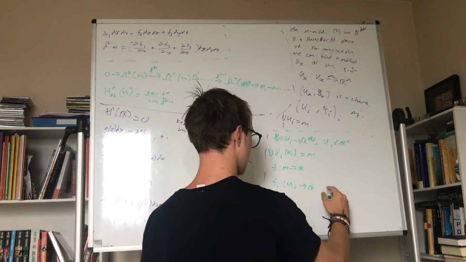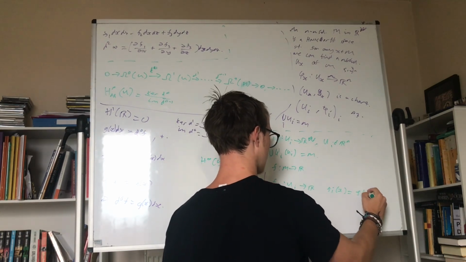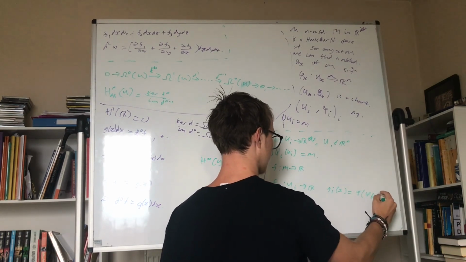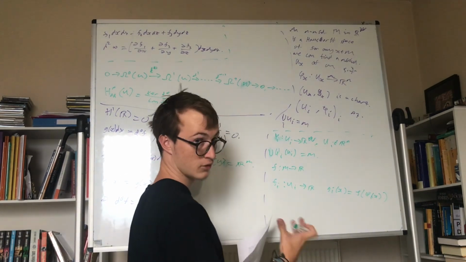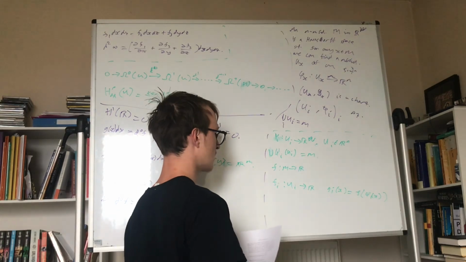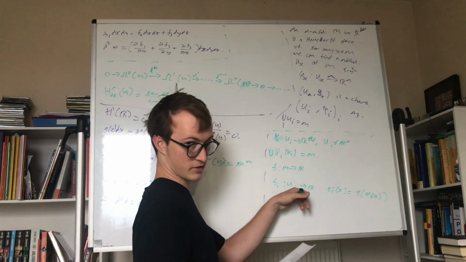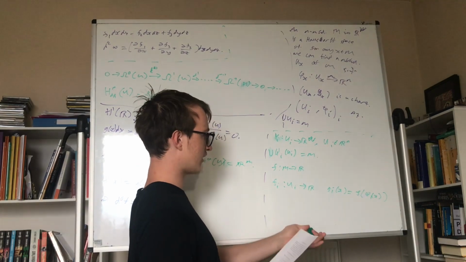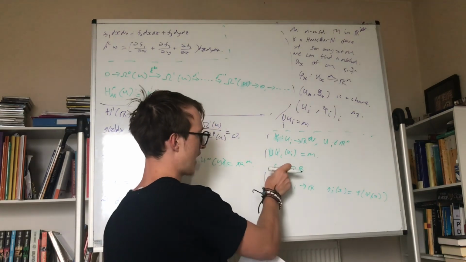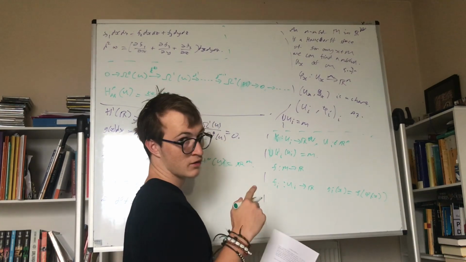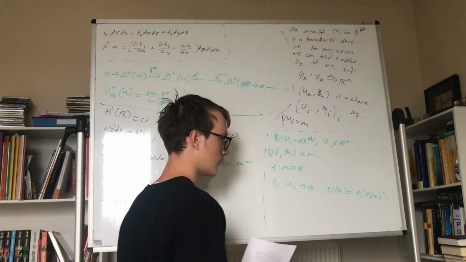So f i of x is equal to f of psi i of x. It takes in the locally parameterized coordinates and spits out a number. And now, because this is just some open neighborhood, we can freely say this is differentiable or not differentiable. So we'll call f C k, which means differentiable k times, if all of these local functions are C k.